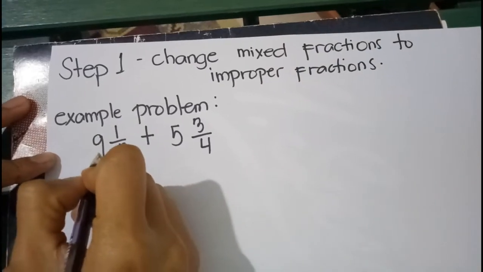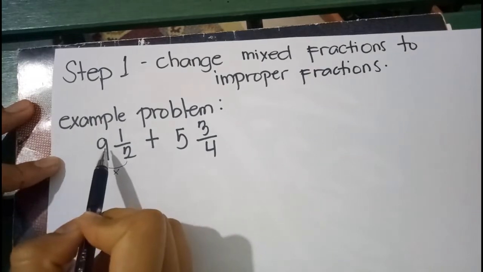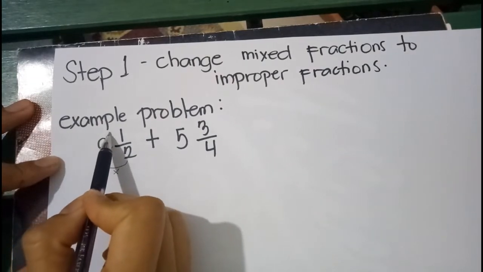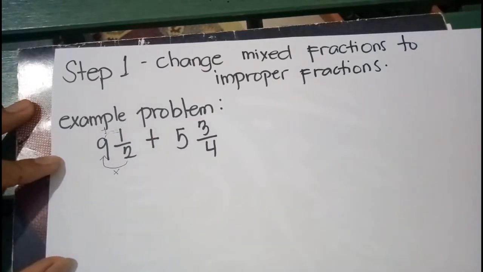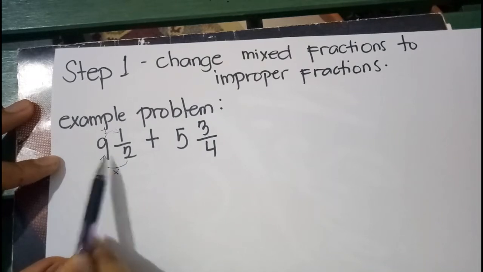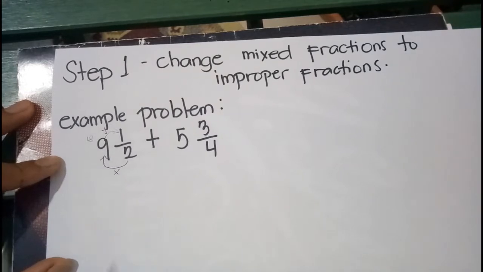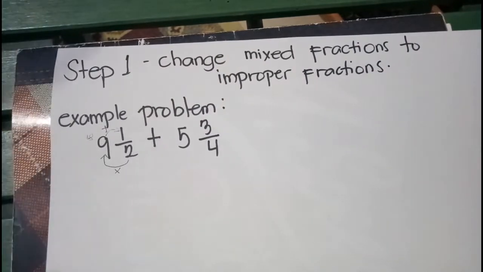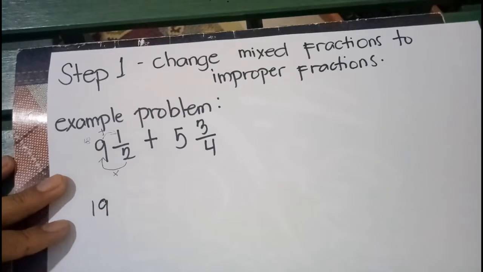You're going to multiply that, and the product, or the answer, you have to add to your numerator 1. So we do 2 times 9. 2 times 9 is 18. So 18 plus 1 is 19. So for this mixed fraction, our numerator will be 19.